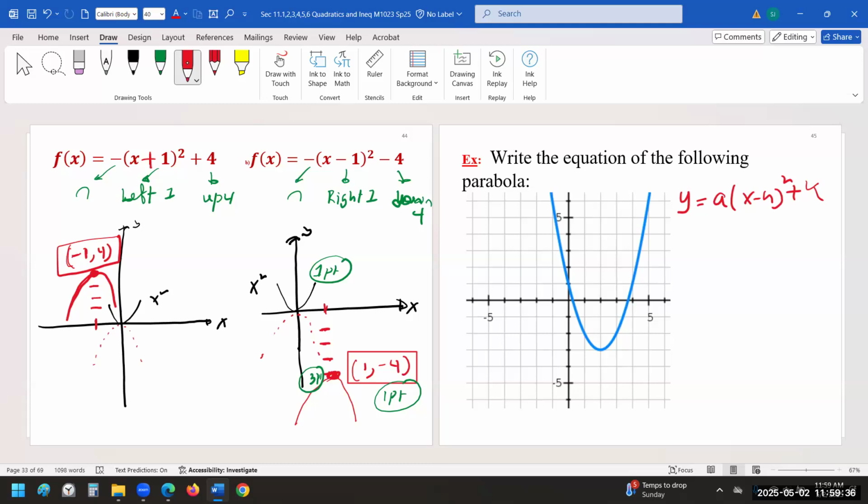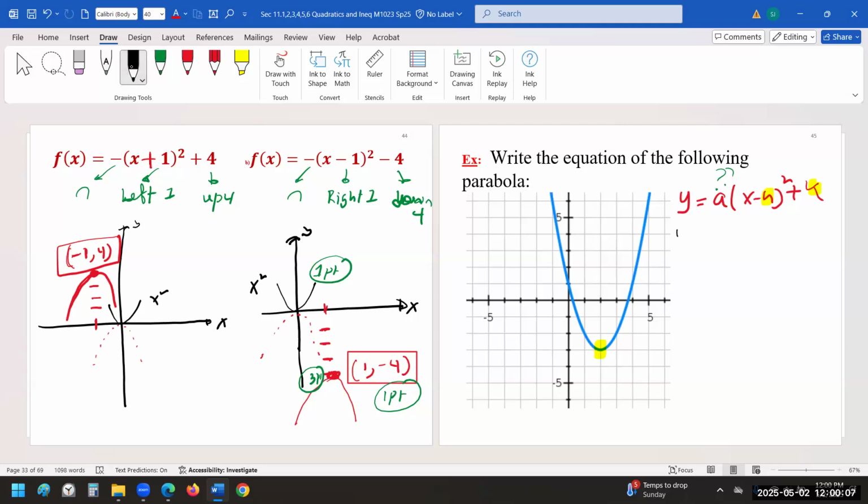You have to start with the standard form. Why? Because we have h and k given to us. So we can replace h and k. And then the only thing we need to know is what is the leading coefficient. So from the 3 unknowns, we can already figure out 2 of them from here. So we just need to solve for this.